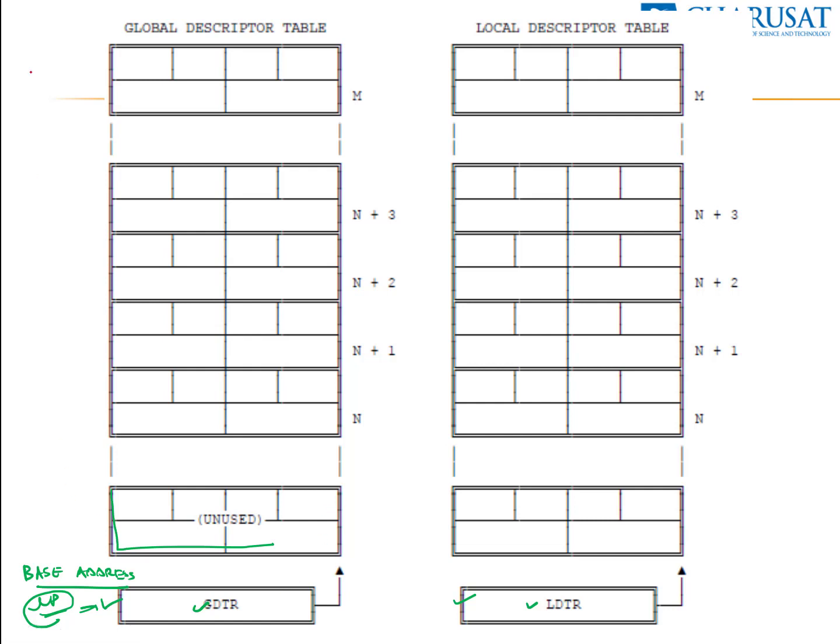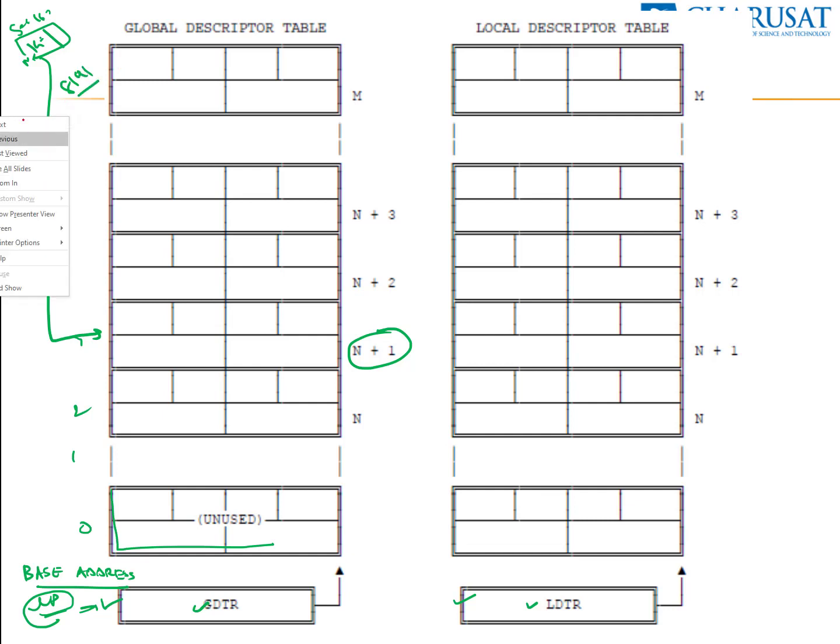So we saw that the selector is of 16 bits. Out of 16 bits, 14 bits specify the index into the global descriptor table. If this is the index, it points over here. The index values are 0, 1, 2, 3, and so on, and the last index value is 8191, so the total number of indexes is 8192. In a similar way, the local descriptor table also has 8192 indexes.